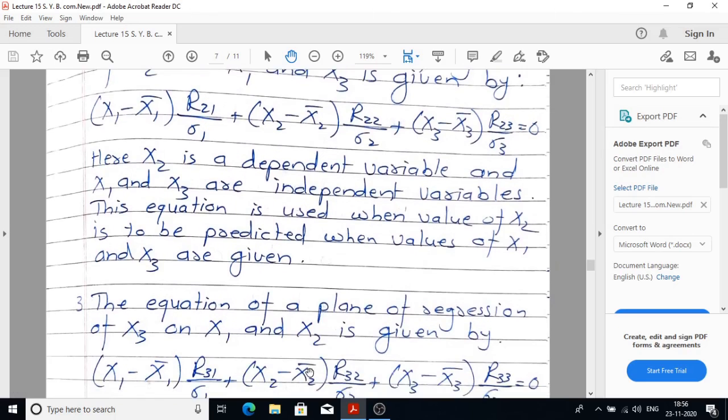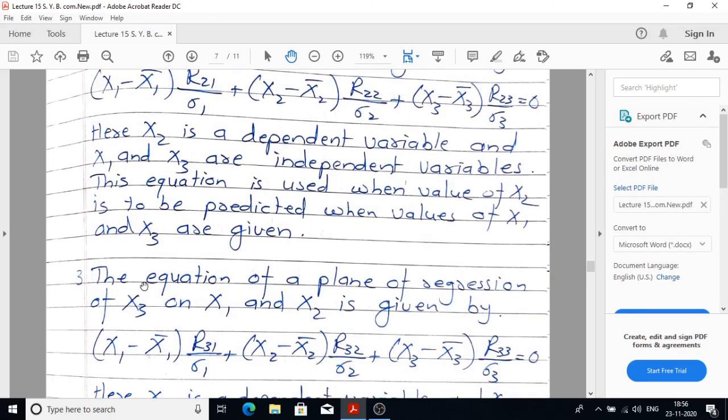Third equation, the equation of plane of regression of x3 on x1 and x2 is given by x1 minus x1 bar, capital R31 divided by sigma 1, plus x2 minus x2 bar, capital R32 divided by sigma 2, plus x3 minus x3 bar, R33 upon sigma 3, is equal to 0.